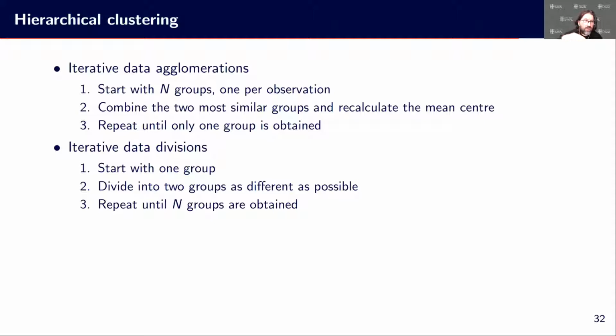So it's kind of bottom up versus top down. Bottom up is the agglomerative: we start with each sample as a group and merge until one big group. The data division is the opposite: we start with one big group and split it until we reach n different groups, one per data point.